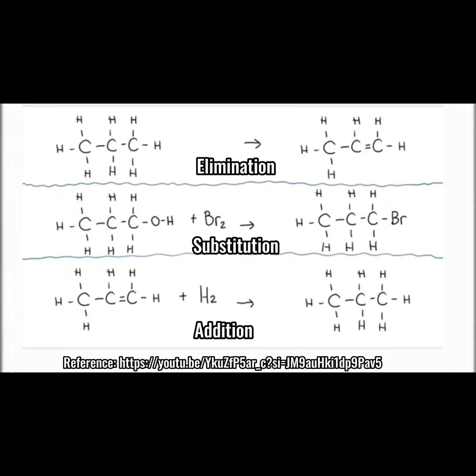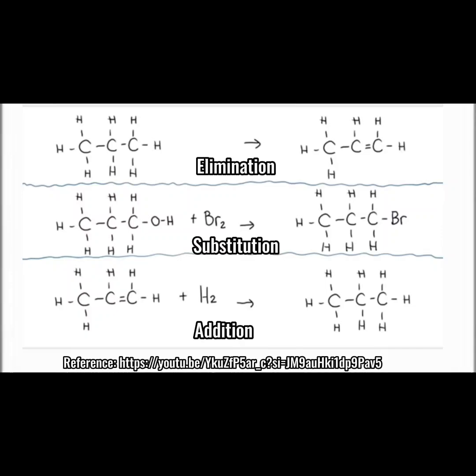The middle reaction, substitution, observe the change at the rightmost carbon. The original OH group has been directly swapped or substituted for the bromine atom, with no change in the molecule's overall saturation. This is a substitution reaction.